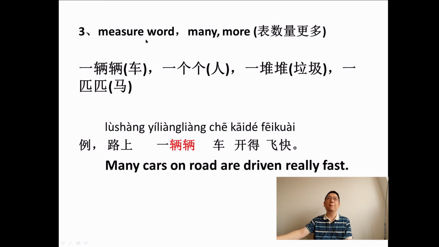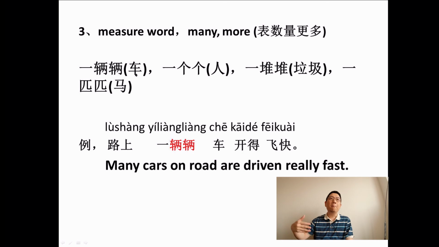And third is measure words. When we have this 叠词 in measure words, the meaning will be changed. You should pay attention to this. We see this 一辆辆车. When we see 一辆车, it means only one car, but if we say 一辆辆车, the meaning will be different.